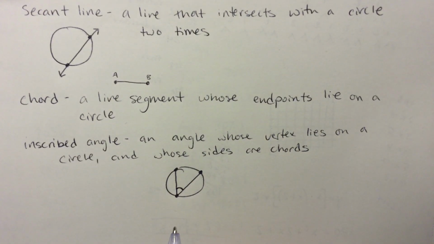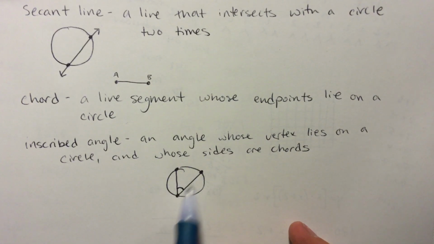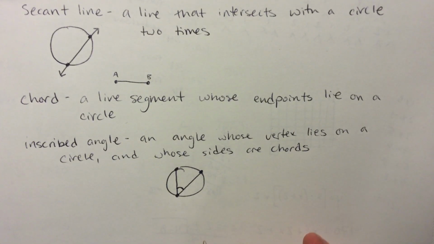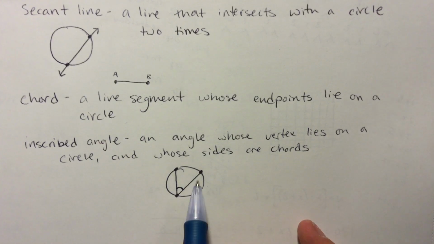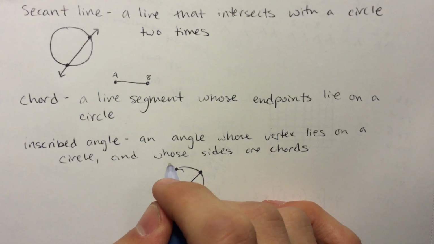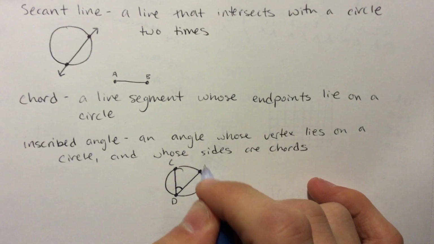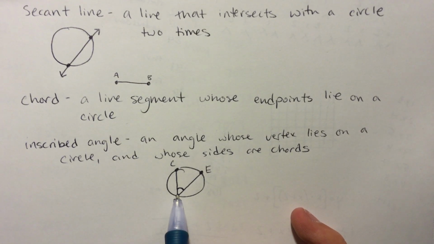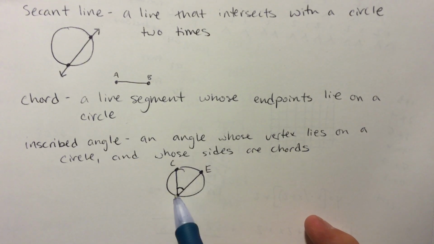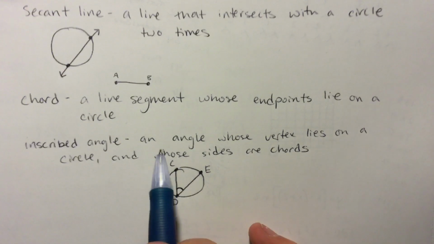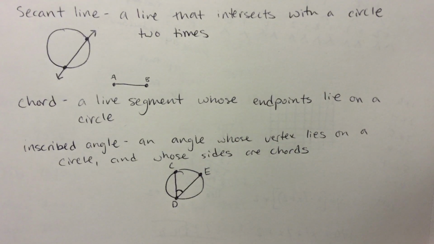You could create any type of inscribed angle, just with these 3 points, and you could draw it a couple different ways. Your only restriction is that the vertex lies on the circle. So in this case, if I was going C, D, E, my angle CDE, D would be my vertex, so D lies on the circle, and my sides DE and DC are both chords, and those are the sides of my angle, so by definition, this is an inscribed angle.